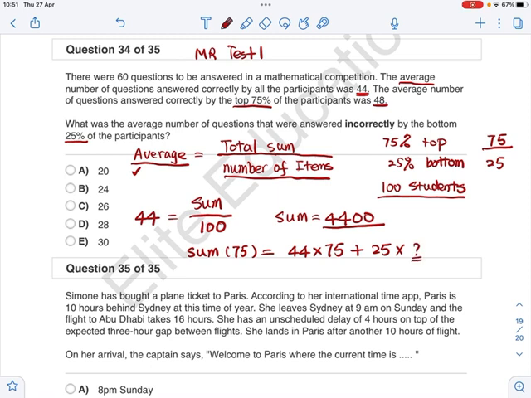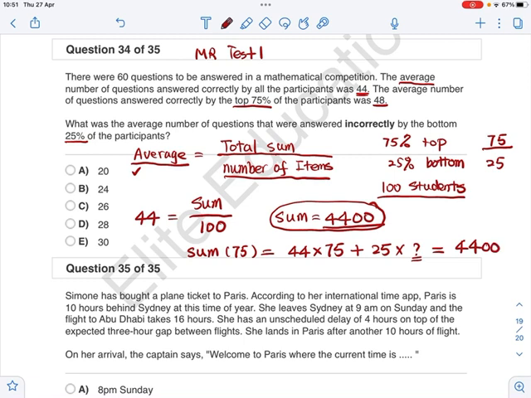When we add the correct answers of these 75 students, plus the correct answers of the 25 students, they should be equal to the total sum of these 100 students, which equals 4,400.